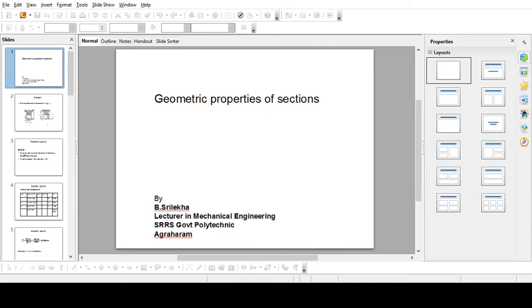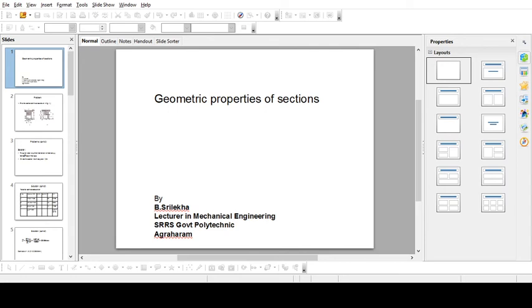Next, similarly, the second section is a right angled triangle whose area is simply half BH. Its base is 80 and its height is 20 for section 2. So half into 80 into 20 is 800.